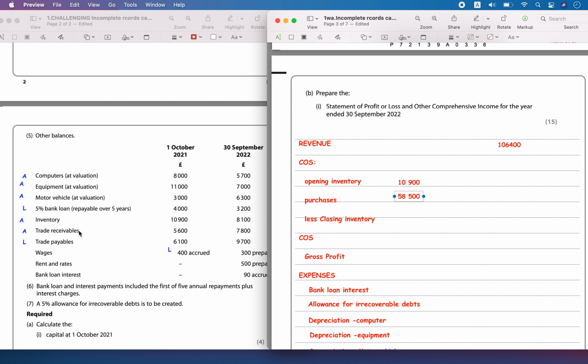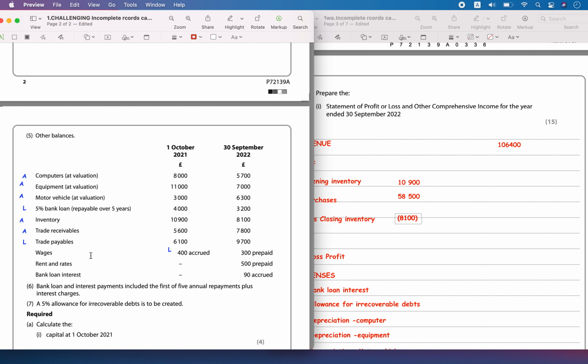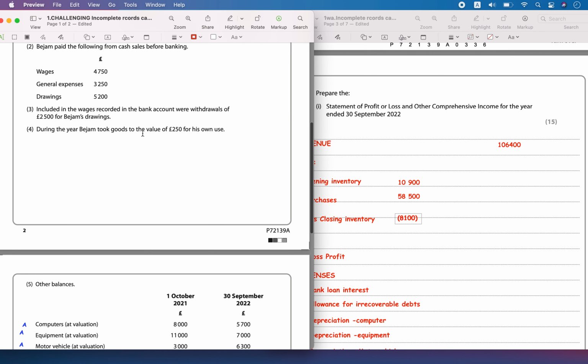And then we had the closing inventory. So the closing inventory is 8,100, which we subtract. And he has also said that he took goods to the value of 250 pounds for his own use.